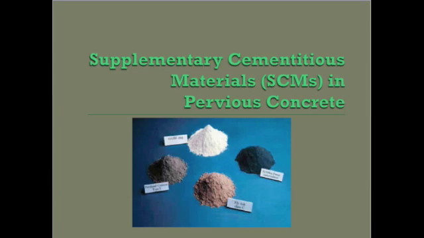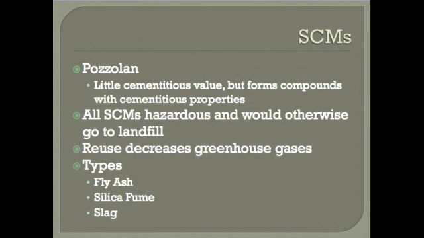Supplementary cementitious materials, or SCMs, are another set of recycled materials that can be used in pervious concrete. Supplementary cementitious materials are pozzolana. These are materials with little cementitious value, but that can form compounds with cementitious properties.